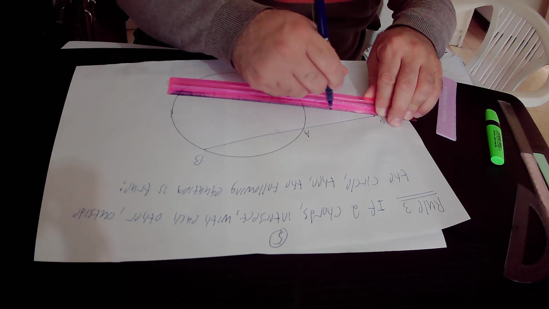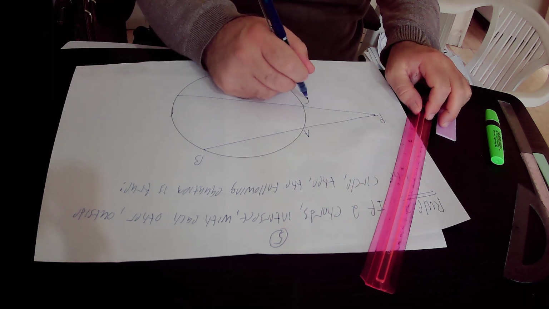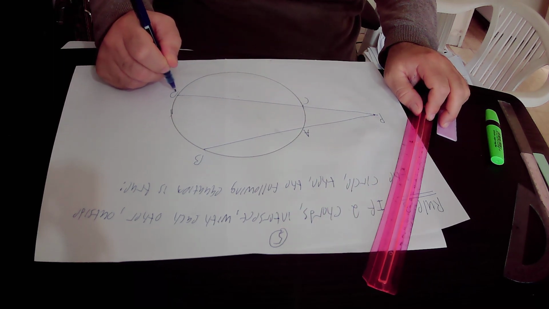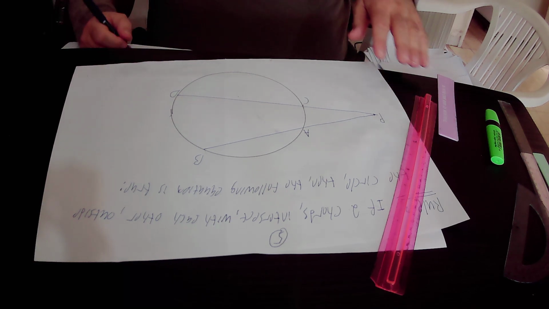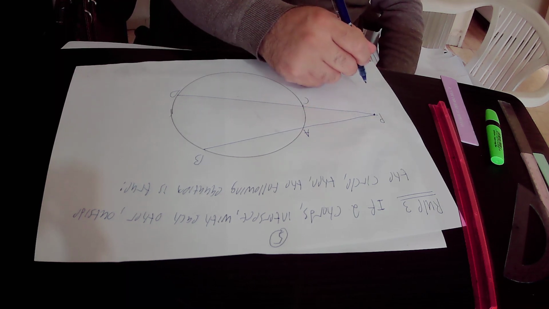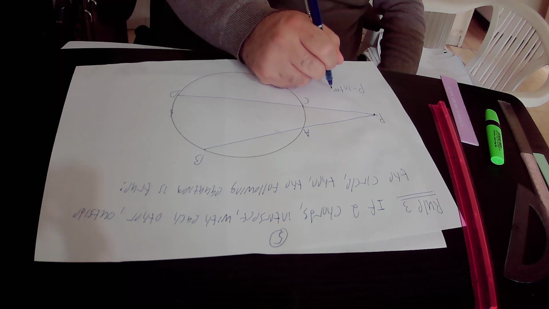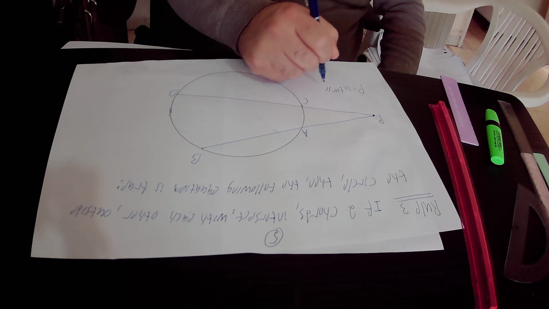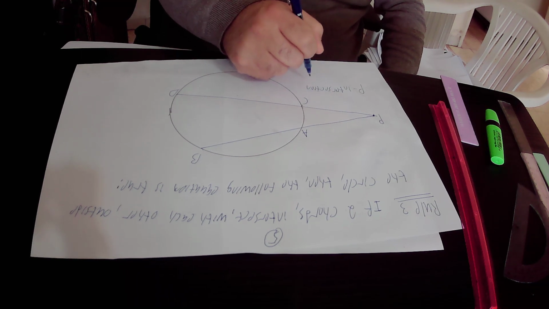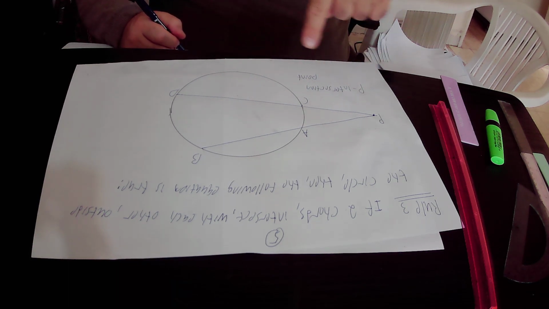This is chord CD. So as you can see from the drawing, chord AB intersects with chord CD at point P. So point P is the intersection point of chord AB with chord CD.